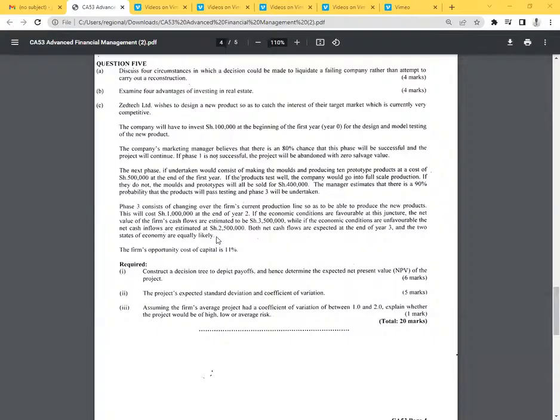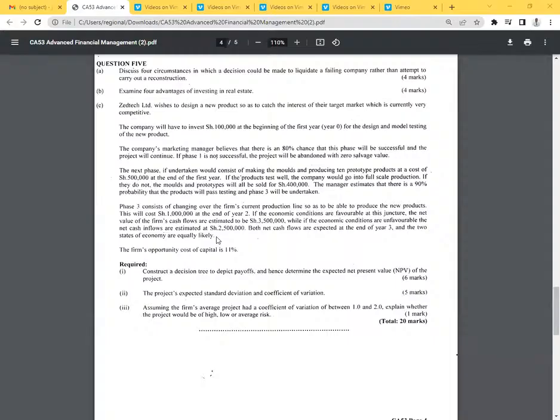The next phase, if undertaken, would consist of making the molds and producing 10 prototype products at a cost of 0 at the end of the first year. If the product tests well, the company would go into full-scale production. If not, the molds and prototypes will all be sold for 400.